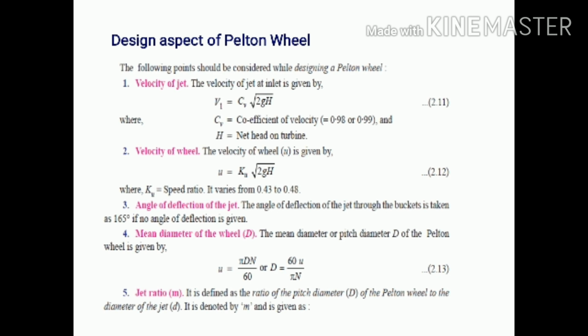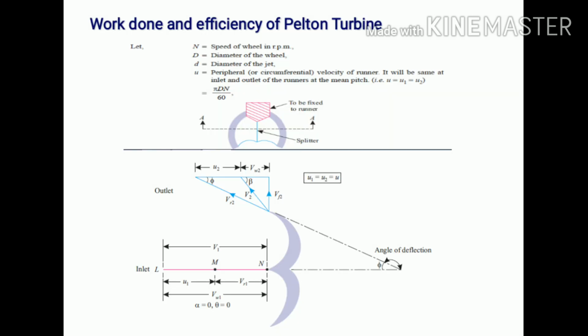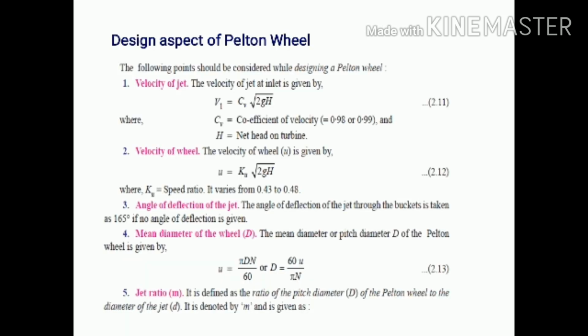Then the angle of deflection of the jet. If you refer to the velocity diagram, it is the angle by which the water is deflected after striking the splitter, the water being deflected by 180 degrees minus that angle. Now if the angle of deflection is not given in the numerical, then you can assume it as 165 degrees.